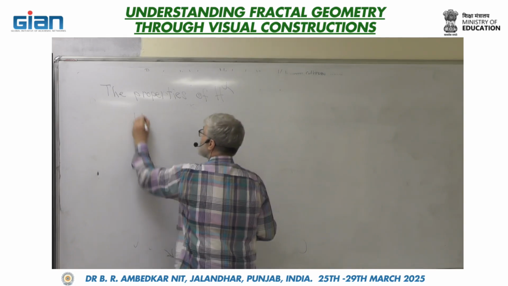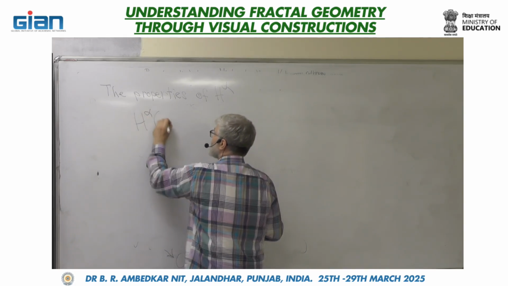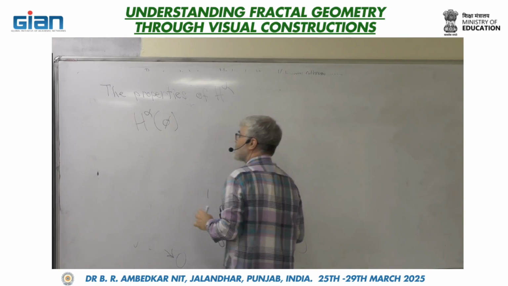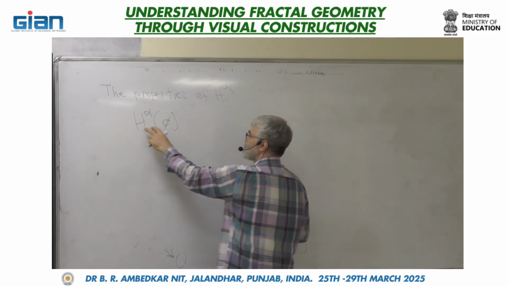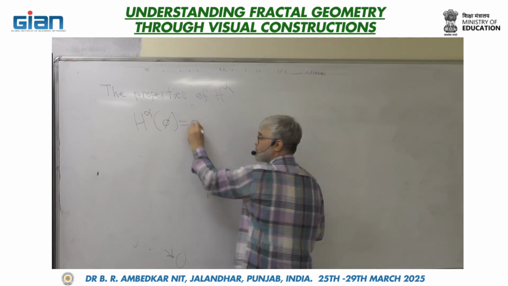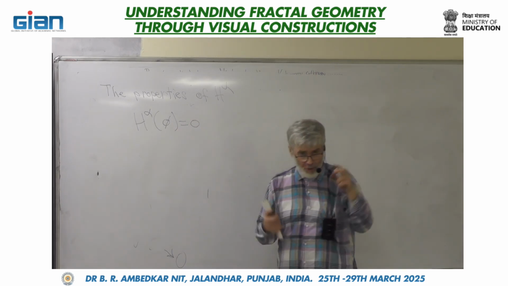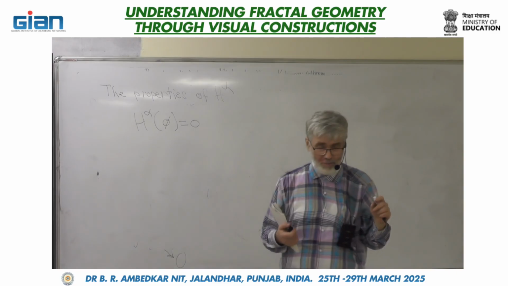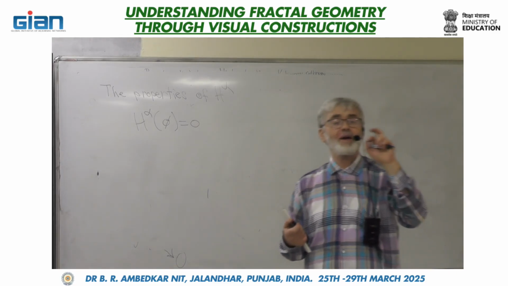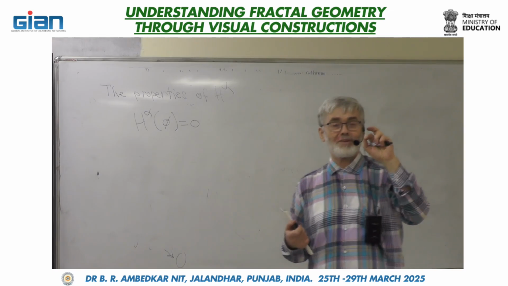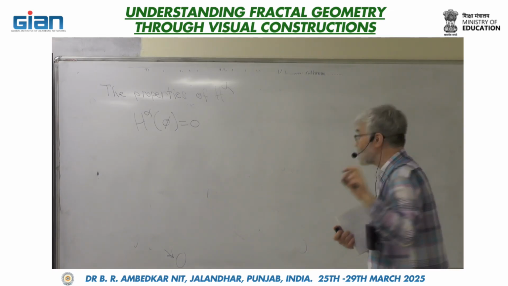First, for each alpha, the Hausdorff measure of the empty set is 0. It's obvious, because we can cover it by sets of arbitrarily small diameter.